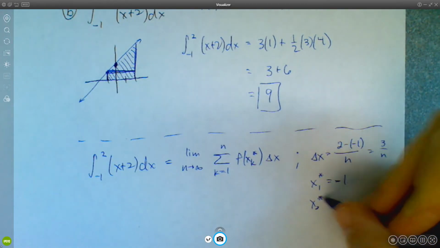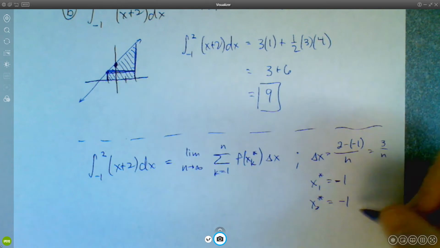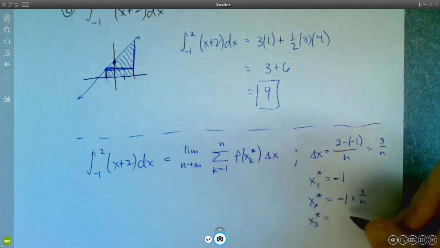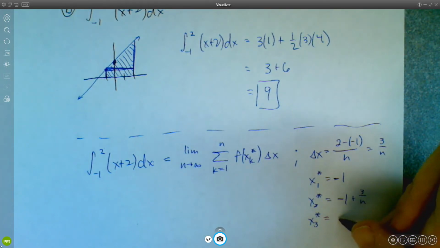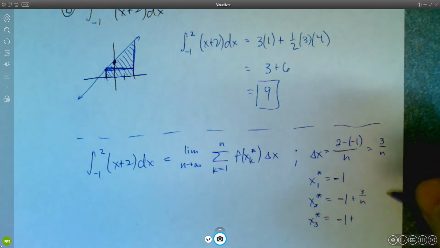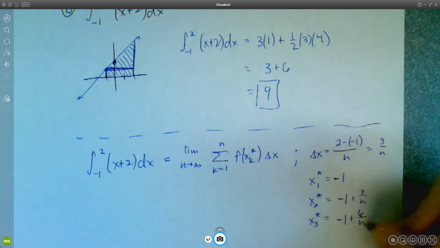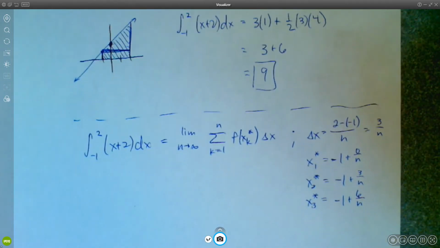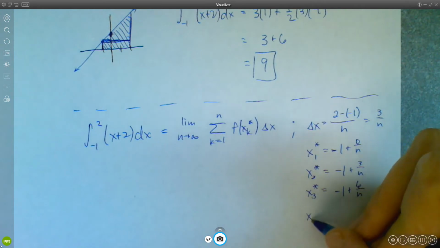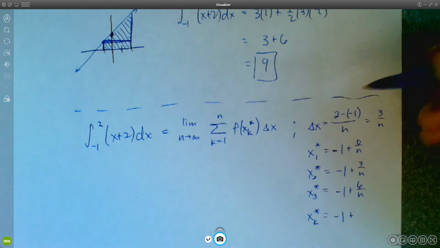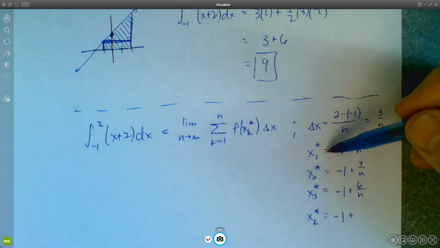x2 star would be negative 1 plus 3 over n, right? x3 star would be negative 1 plus 3 over n plus another 3 over n, so we'll say plus 6 over n. Maybe here I can say 0 over n. Right? Because then we get the idea that xk star is negative 1 plus, well, what did we do?